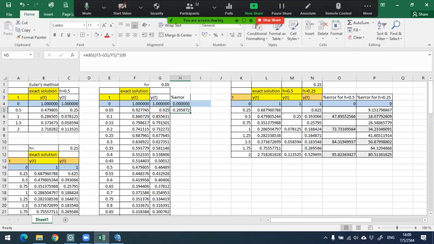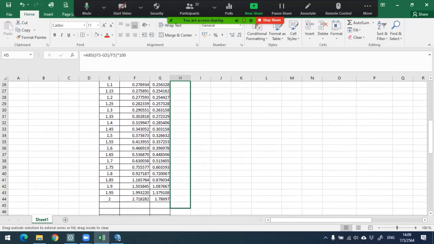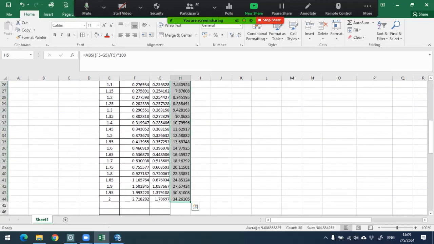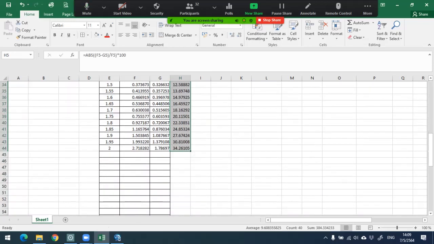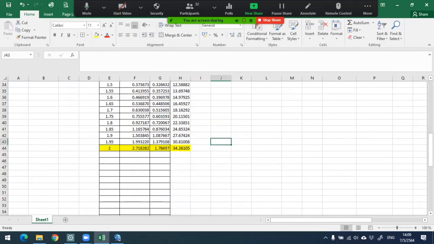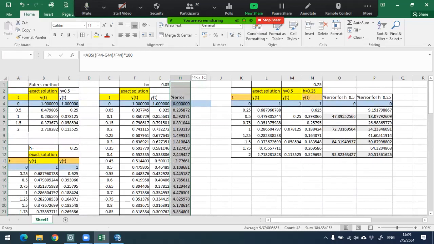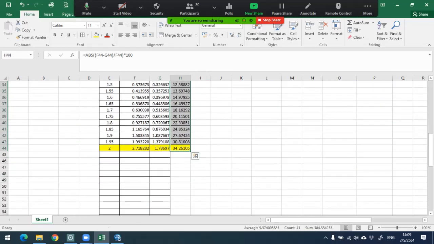Okay, you will find that the percent error is maybe reduced, but what happens at the final solution that we would like to find? We still have a huge value of error also, in comparison with the exact solution.